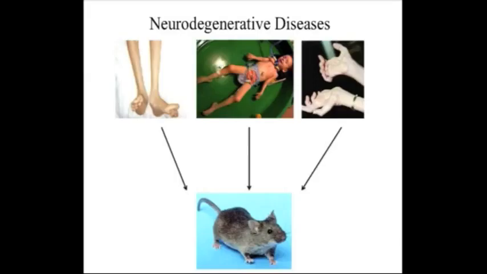What we do as scientists is we take these diseases that occur in humans. So this might occur in, for example, my grandma had one of these diseases. So we take these diseases that occur in humans and we recreate them in mice. This allows us a simple organism to study these diseases.